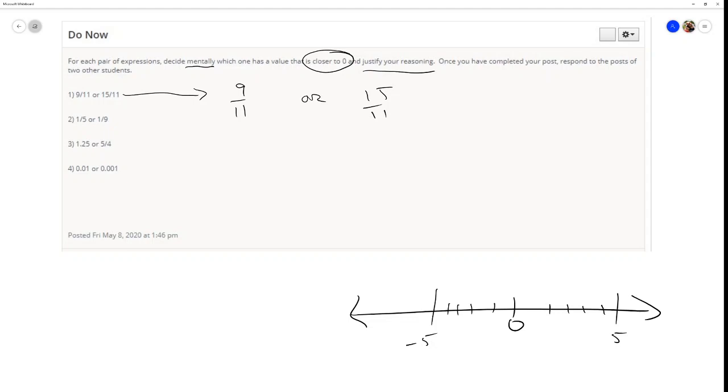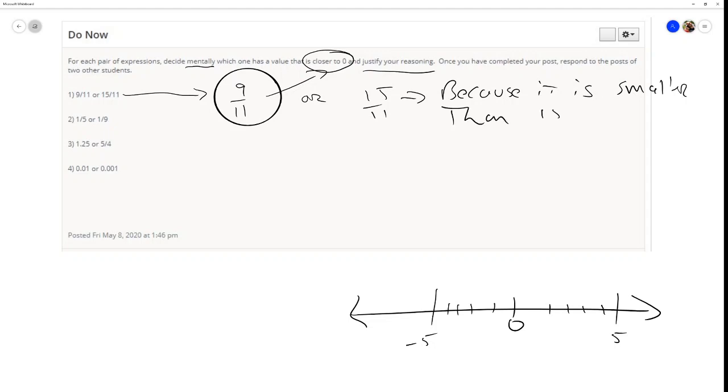So that means 1 would be over to the right further than the 9/11. So I would say the 9/11 is closer to 0 because it is smaller than 15/11.